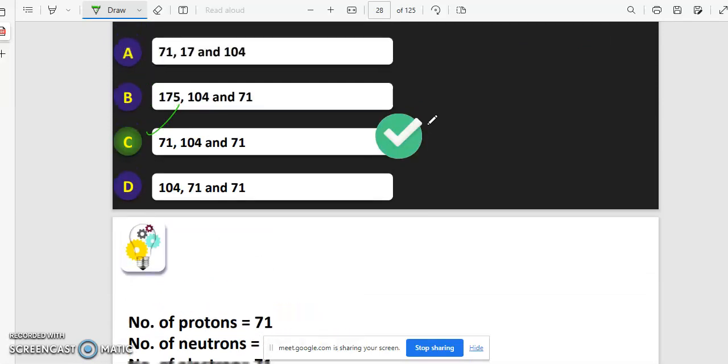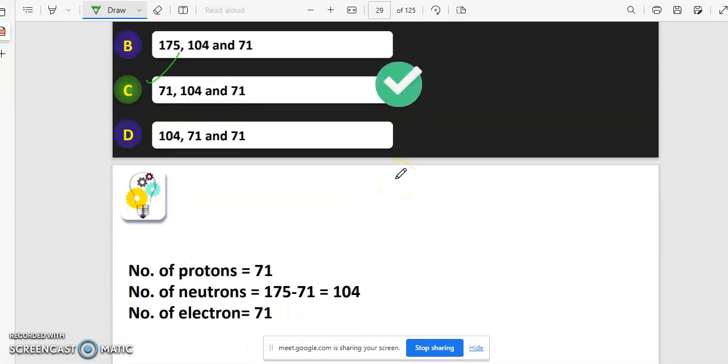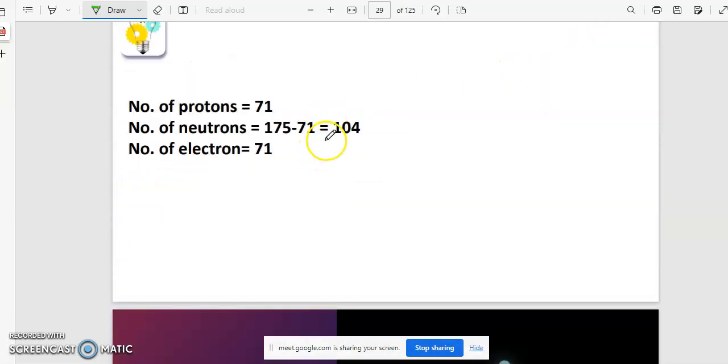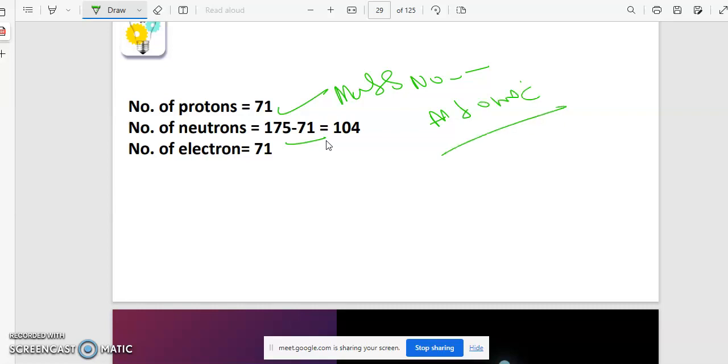You just do mass number minus atomic number, and you get the number of neutrons.